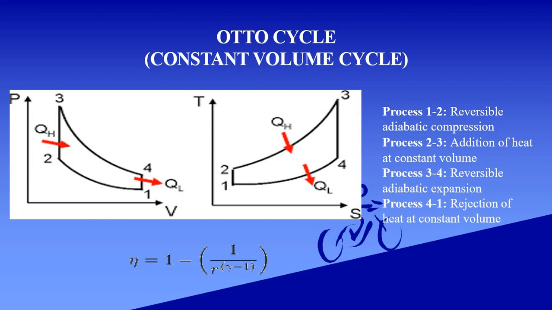So you have to use this adiabatic index. PV power gamma is equal to constant, right? So you have to write P equal to C divided by V power gamma, that will be C into V inverse of gamma. So P is equal to C into V inverse of gamma.